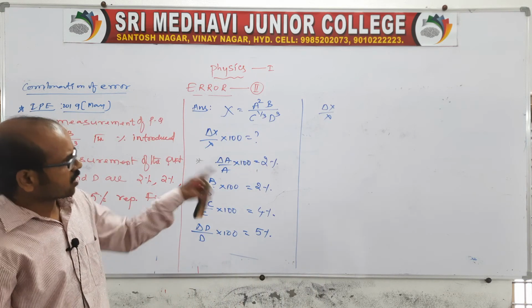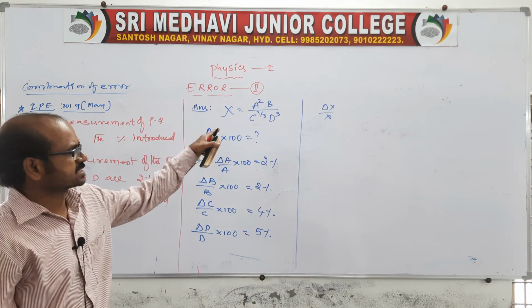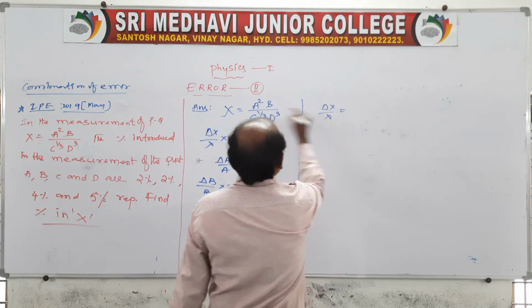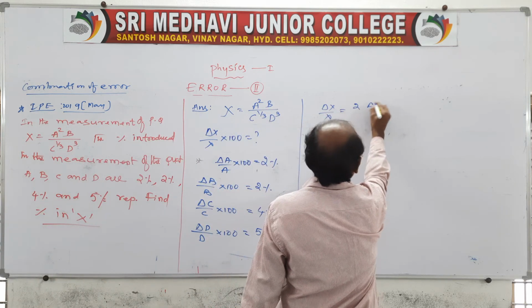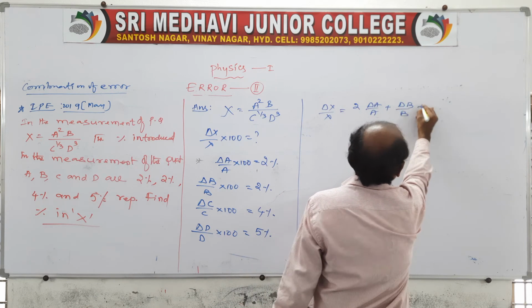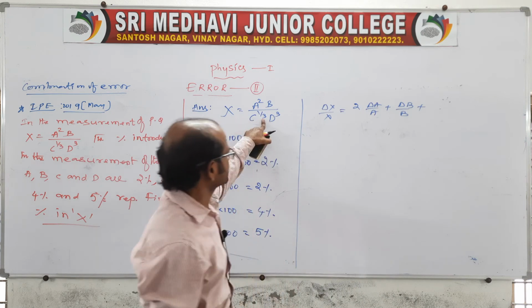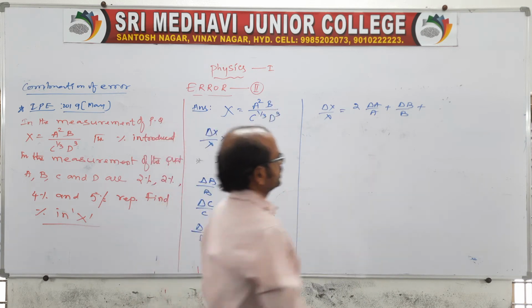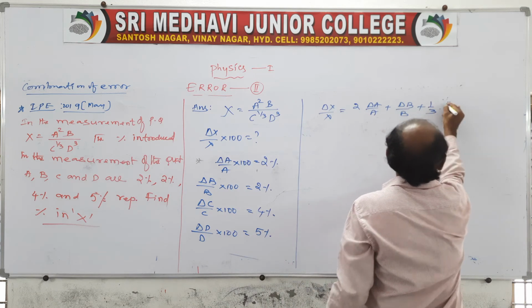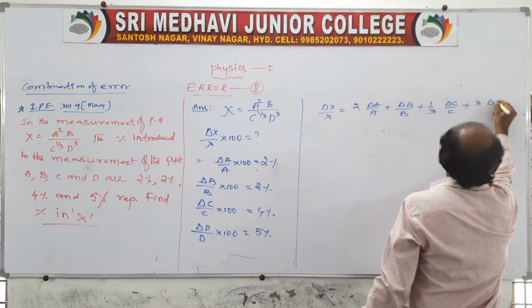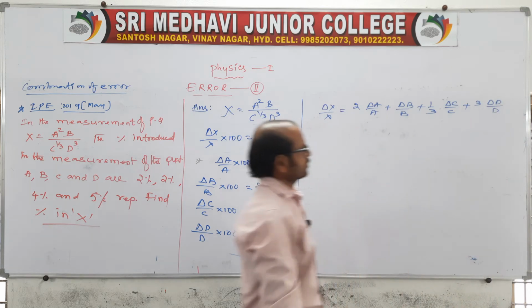After applying the log, because we already did this method, delta X by X is directly equal to 2 into delta A by A plus delta B by B plus, since C power 1 by 3 is in the denominator, you take it as a numerator, it becomes 1 by 3 delta C by C, plus 3 into delta D by D. This is the method.